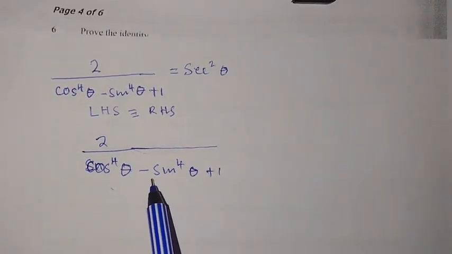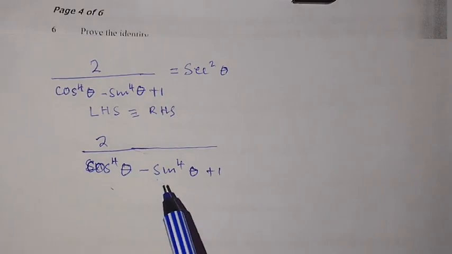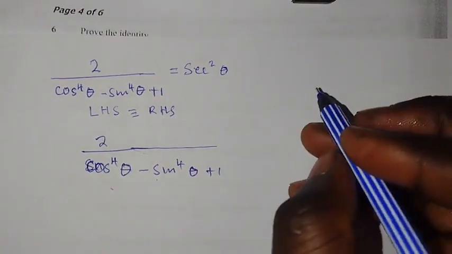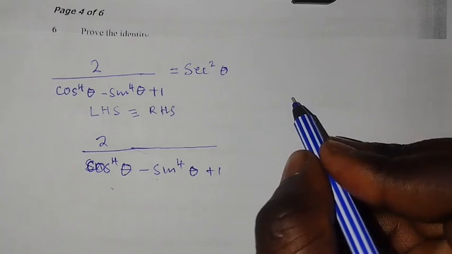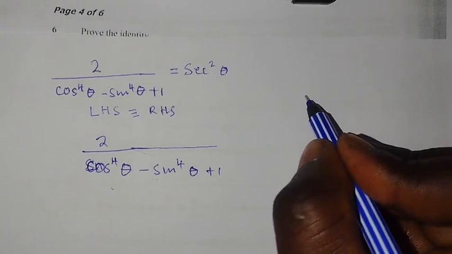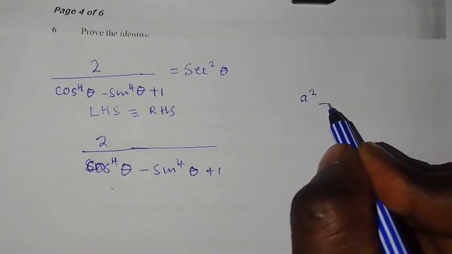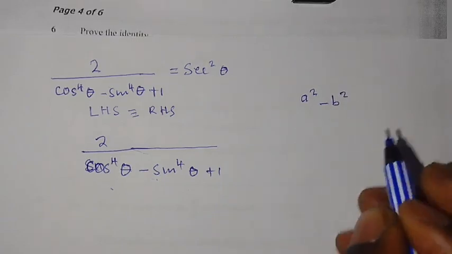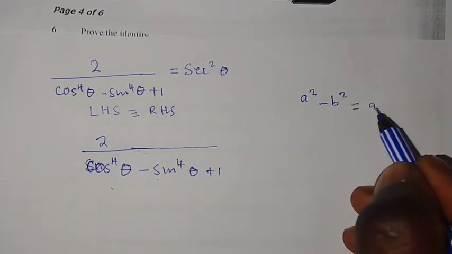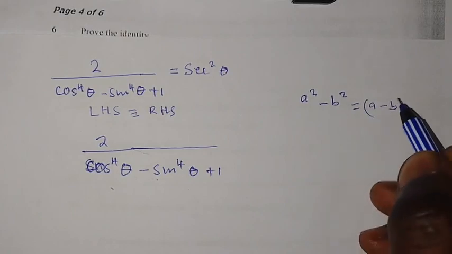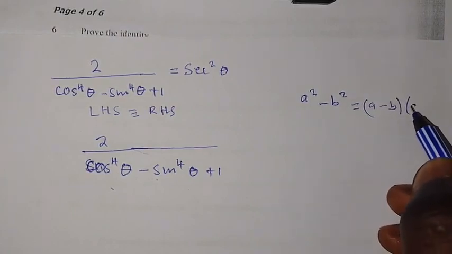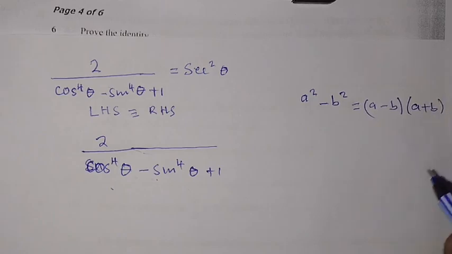Take note at the denominator. I will draw you back to the principles of the difference of two squares. If you have a squared minus b squared, you can write this as a minus b in brackets, again, you can write as a plus b.